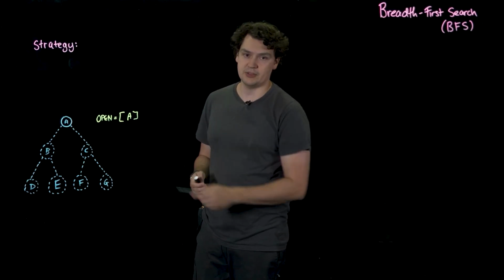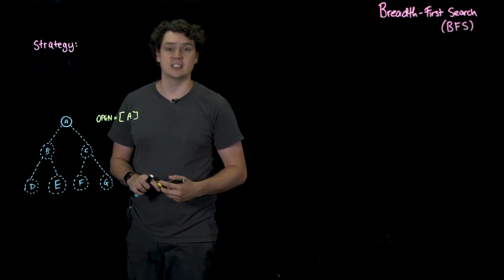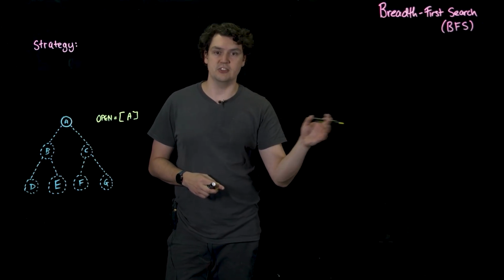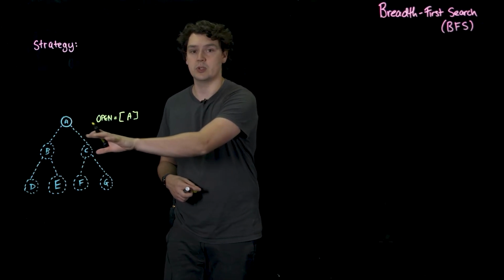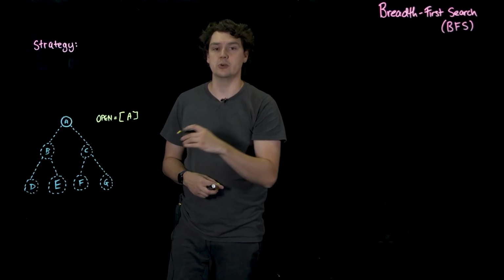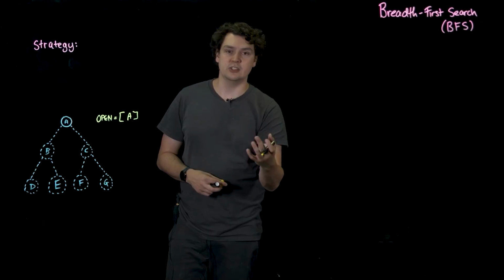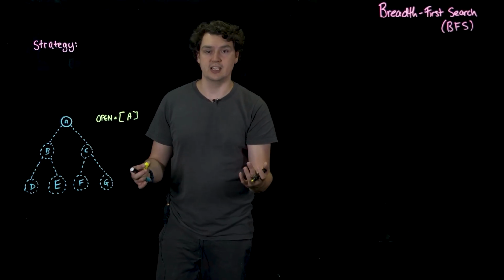So let's talk about what the actual search strategy is that's going on here. If you remember from last video, the search strategy is just the order in which we're going to expand nodes, the order we're going to look at nodes and choose nodes in the open list to grow the search tree next.